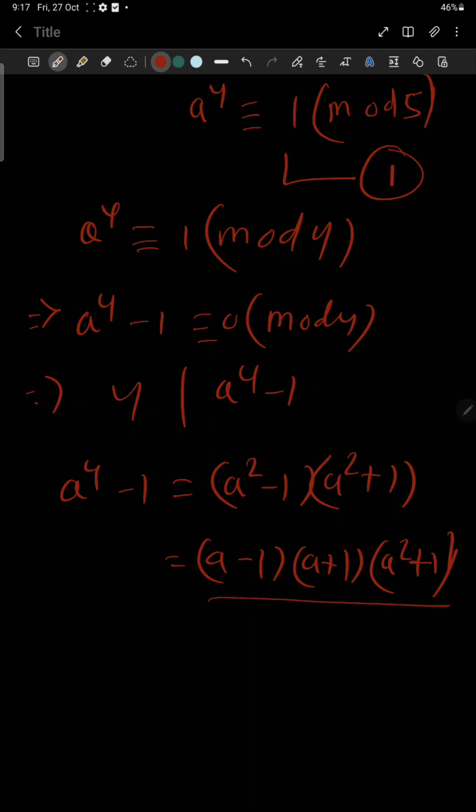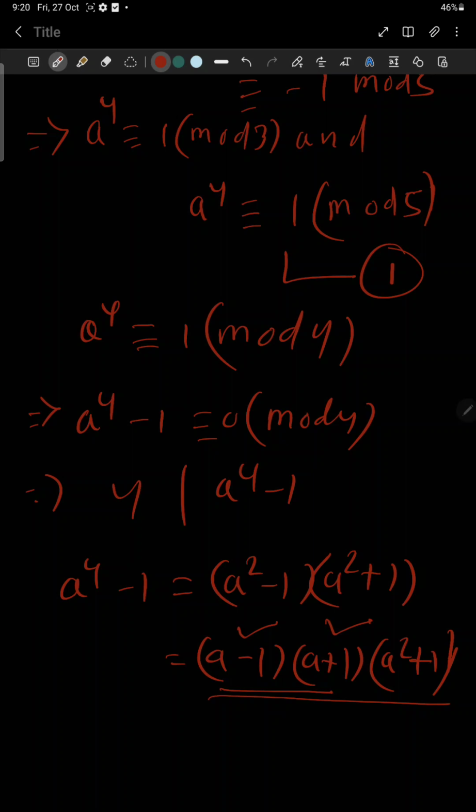Let us take a to be an even number. If a is an even number, then a minus 1 is odd and a plus 1 is also odd. Sorry, my previous explanation is wrong.